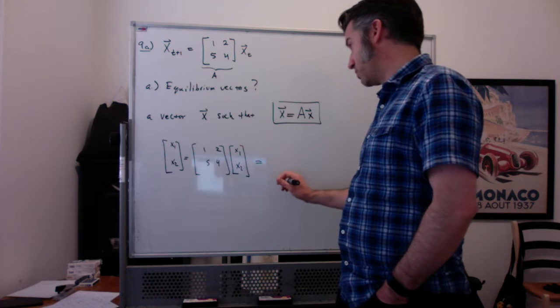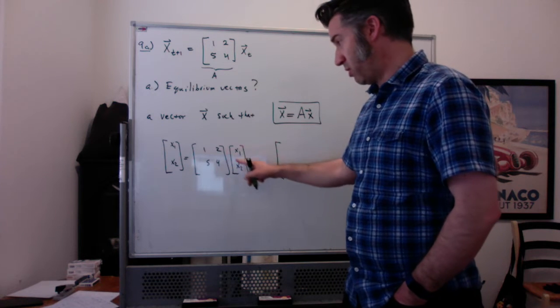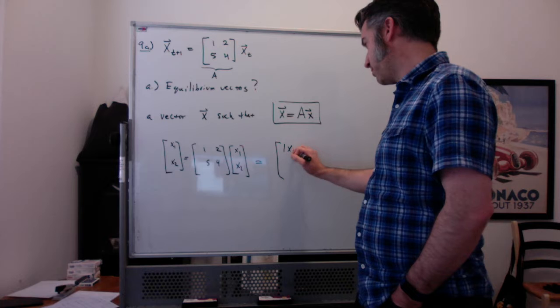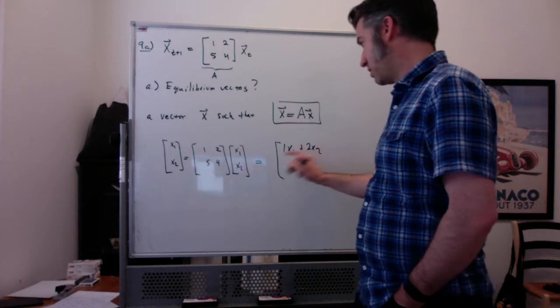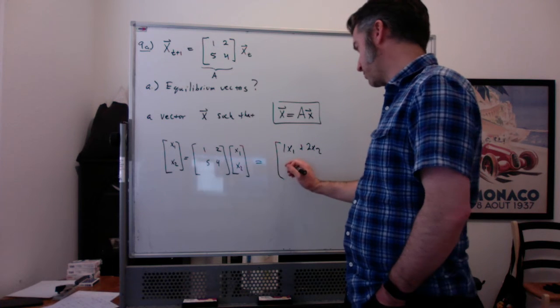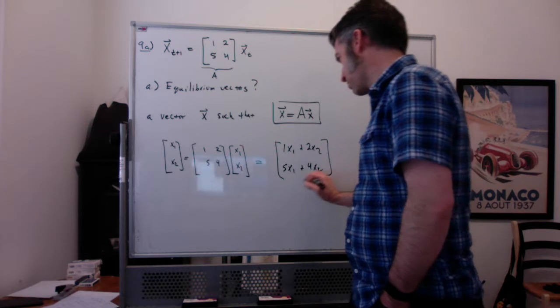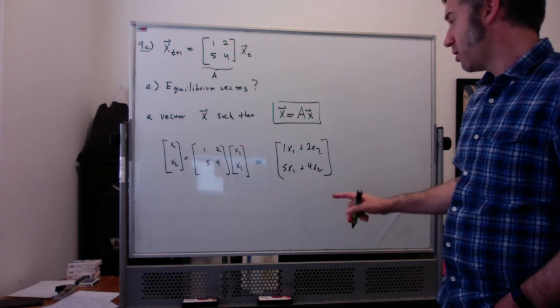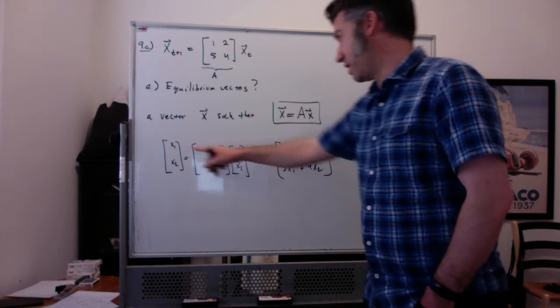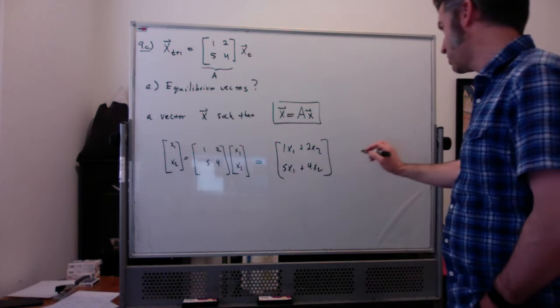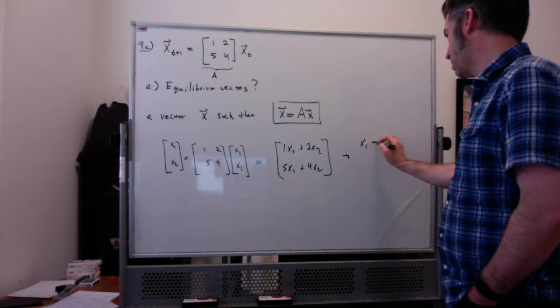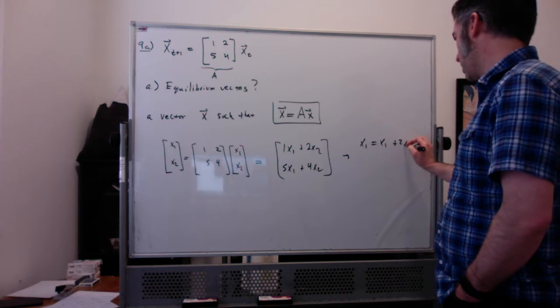So this is equal to 1x1 plus 2x2, and this is equal to 5x1 plus 4x2. So let's see, I have the equation x1 equal to 1x1 plus 2x2. So x1 equals x1 plus 2x2.